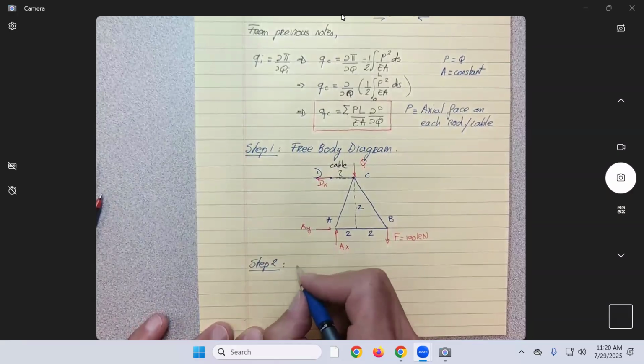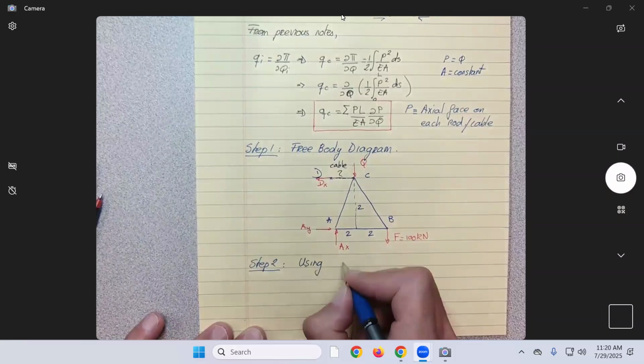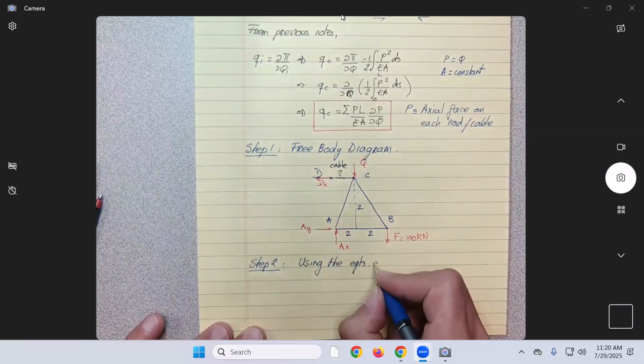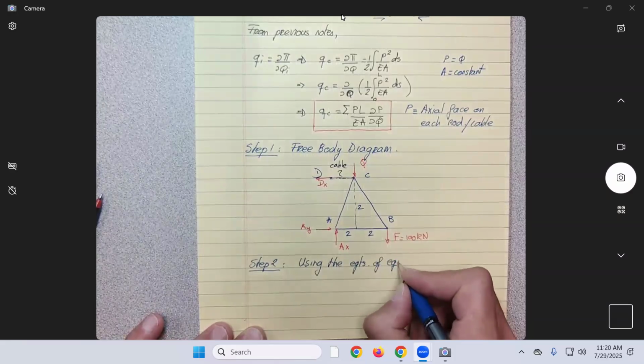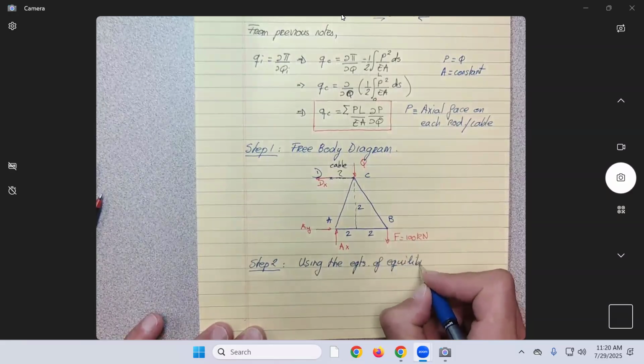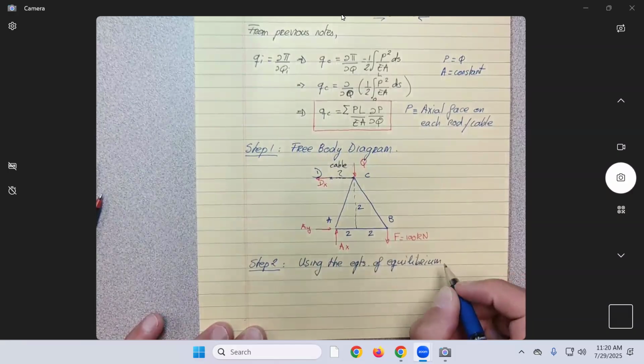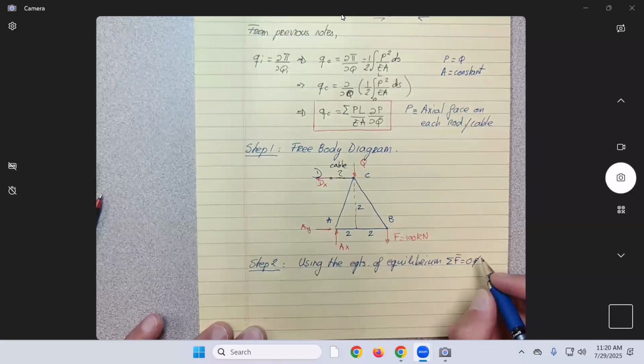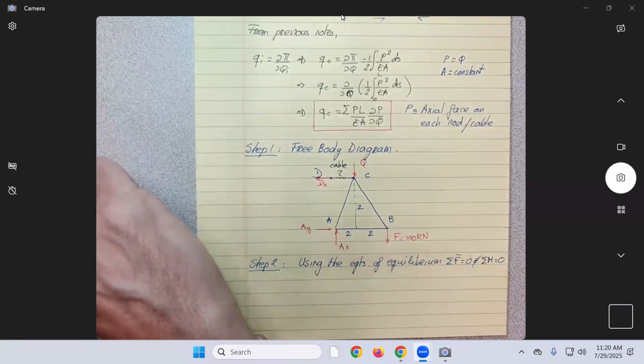All right, step 2, using the equations of equilibrium, which are summation of forces equal to 0 and summation of moments equal to 0.